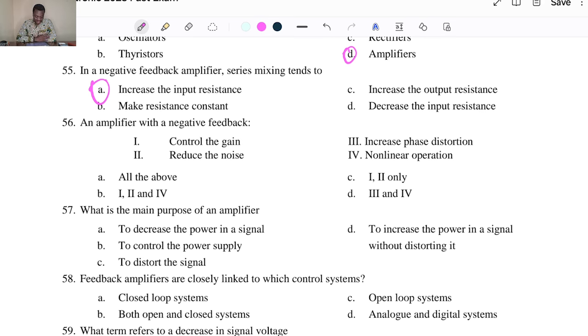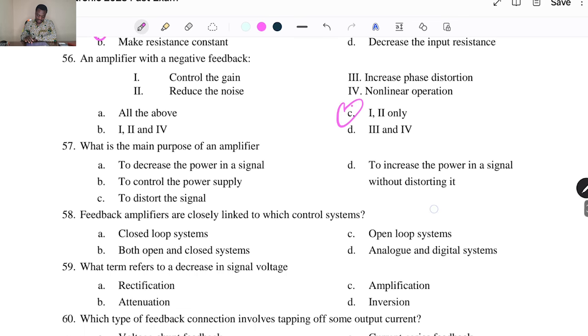An amplifier with negative feedback: I, control the gain; II, reduce the noise; III, increase phase distortion; IV, nonlinear operation. So here it is going to be I, meaning the first one, control the gain, and then reduce the noise. So we have C.